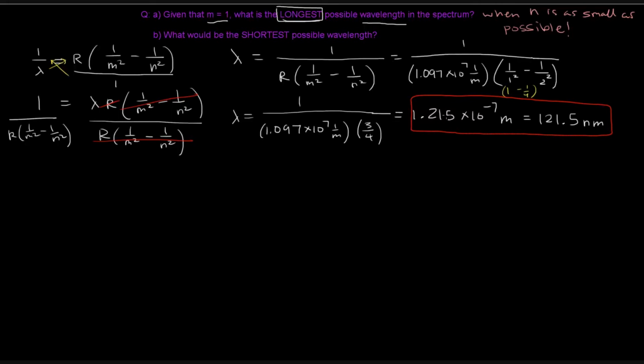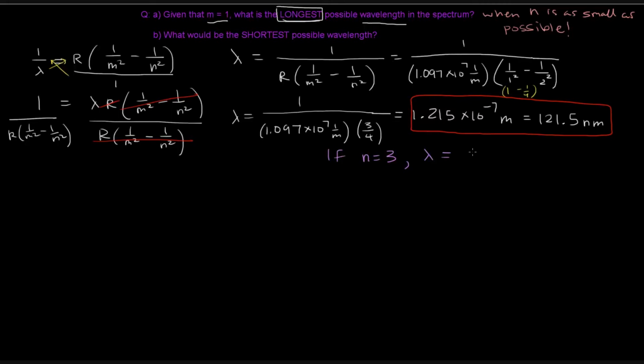Just to show you, let me plug in 3. I'm not going to show all the work for it. If you plug in n equals 3, you basically have 1 minus 1 over 3 squared, which is 1 minus 1 over 9, which gives you 8/9 here.